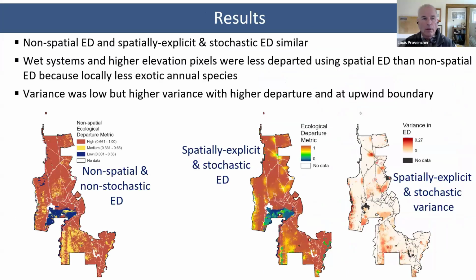And here's the result. On the left is the traditional vegetation ecological departure. It's non-spatial, it's not stochastic, and basically high is brown, yellowish is medium, and low. We know some people are colorblind, so we try to avoid the same exact colors, but it's difficult sometimes. On the right, you have the spatially explicit and stochastic ecological departure.